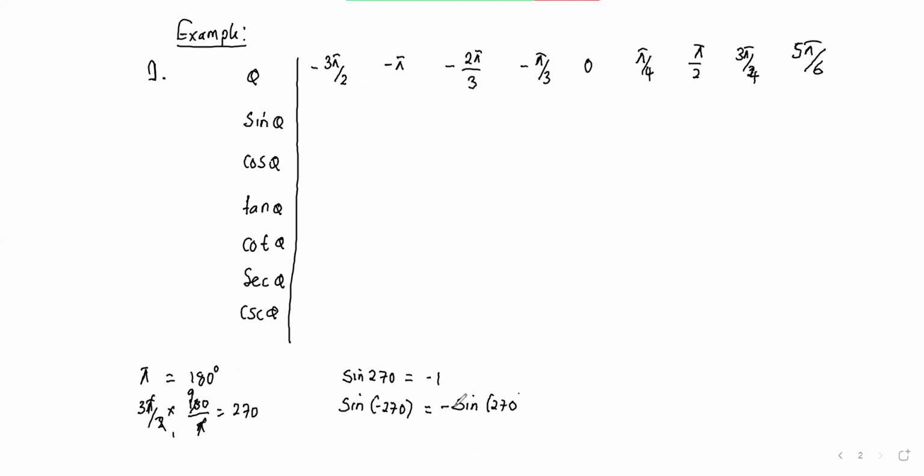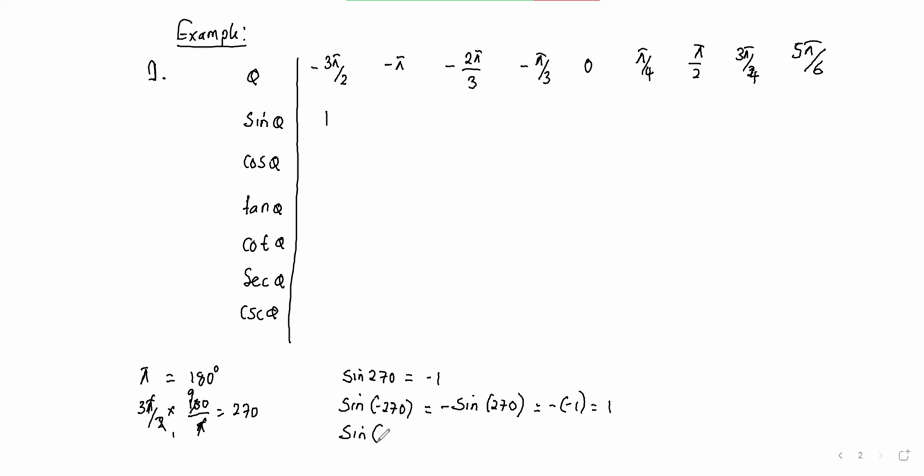The angle remains positive, and the negative sign goes outside the sine. So it becomes negative sine 270, which is negative of negative 1, so we put a 1.